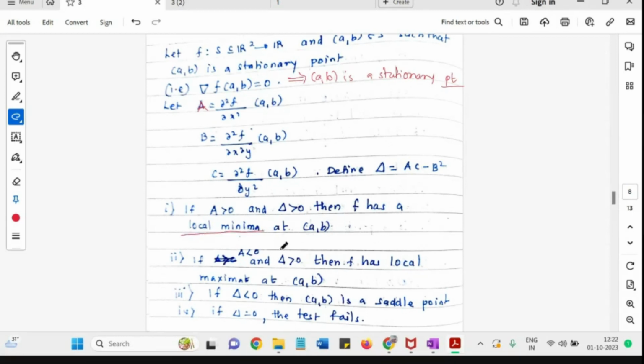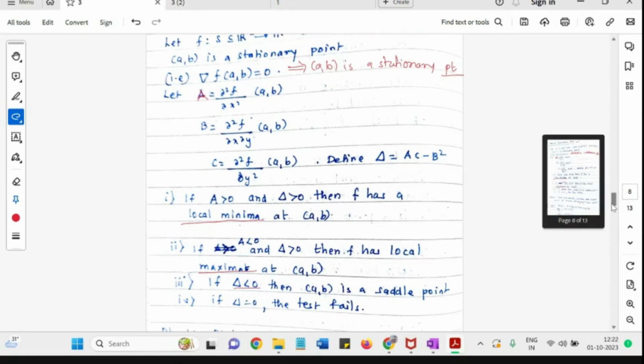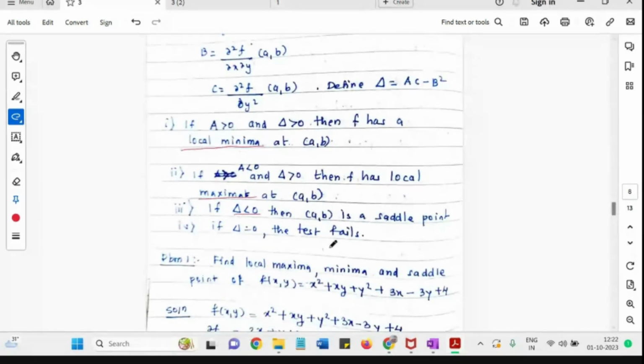If delta is positive and A is negative, then (a, b) is a point of local maxima. If delta is negative, then (a, b) is a saddle point. And finally, if delta is 0, my test will be inconclusive, or I can say my test fails. So this is the second derivative test to identify the local maxima, local minima, and the saddle point.